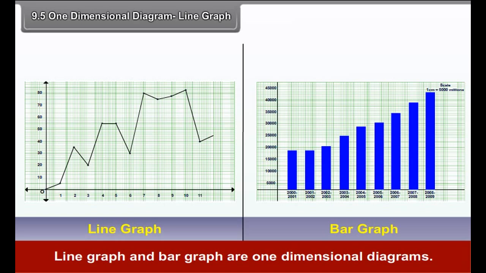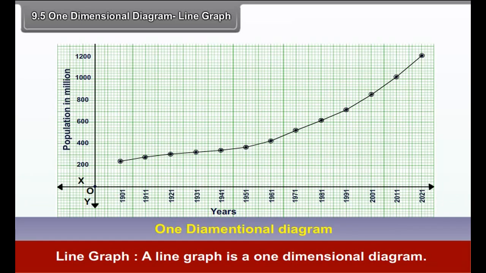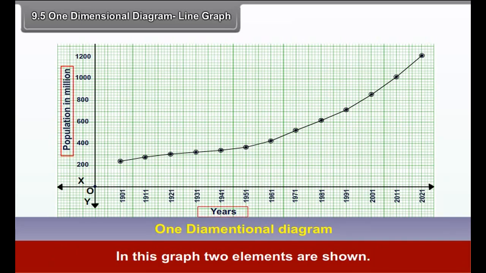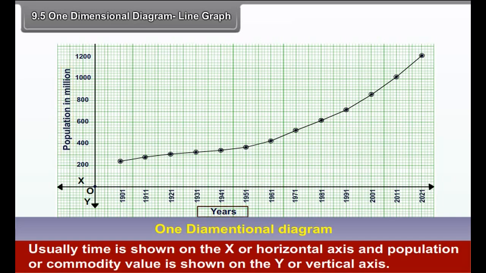A point is supposed to be a non-dimensional entity. Number of points joining together to form a line is called a one-dimensional diagram. A number of lines put together close to each other will form an area which is called a two-dimensional diagram.